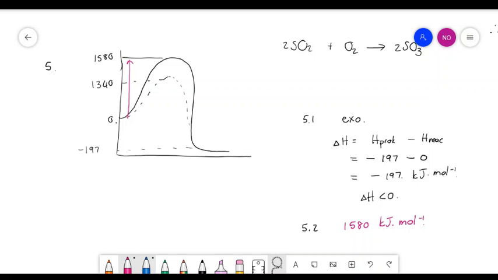Oh, good. Okay. Then they say, if we assume that 1580 kilojoule per mole is involved to break the bonds of the SO2 and O2 molecules, how much energy is released when the new bonds are formed? So dit is van hier af tot daar. Okay? Because that's the formation of the products.